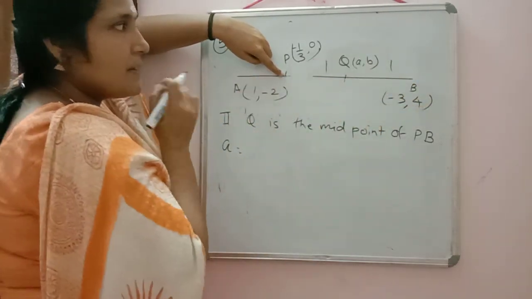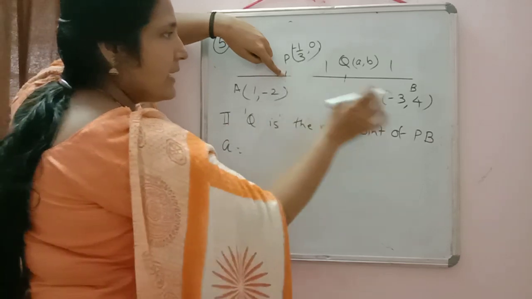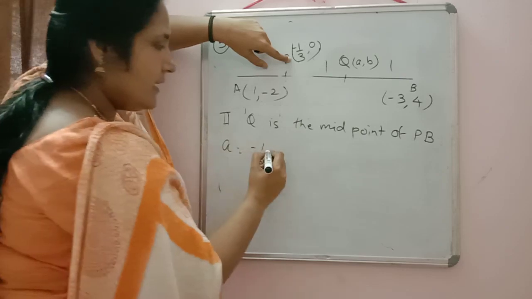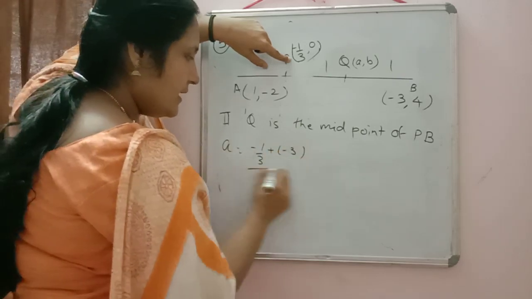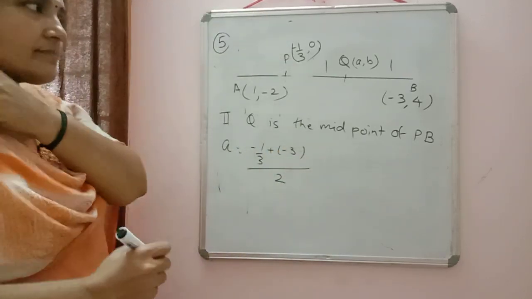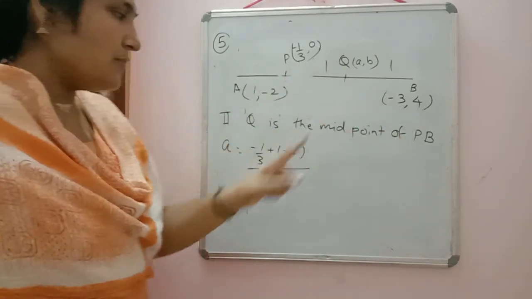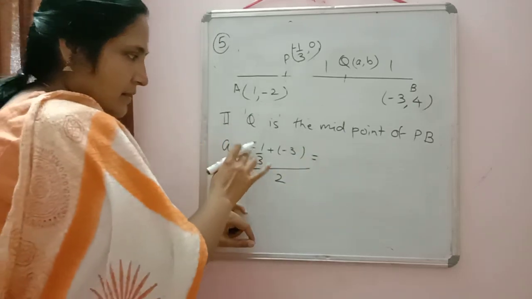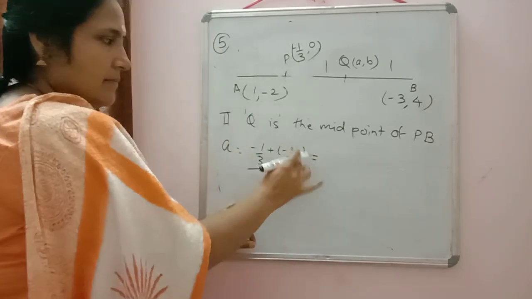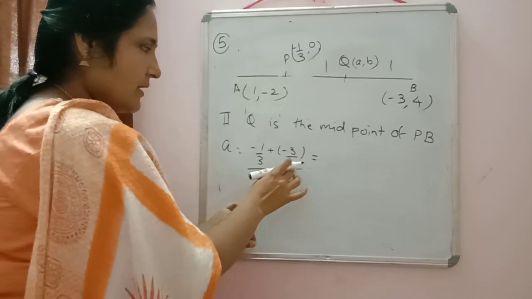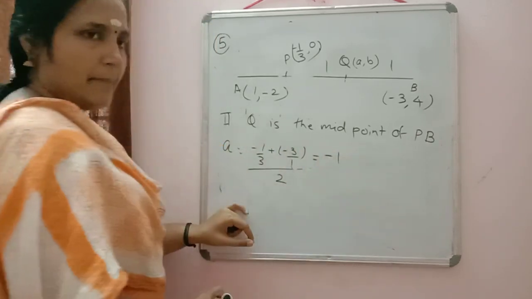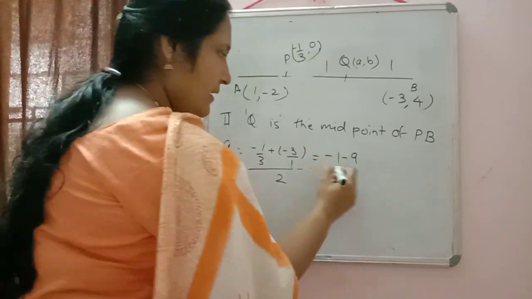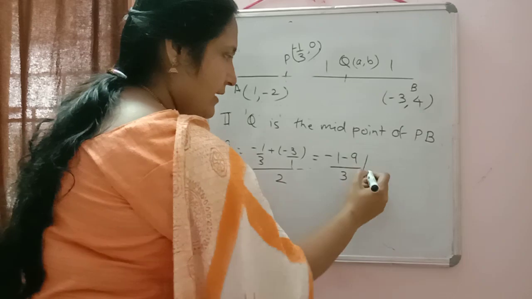So, using that concept, the corresponding x coordinate will be equal to minus 1 by 3 plus minus 3, divided by 2. That is x1 plus x2 divided by 2. Now, we will simplify it. We will take the cross multiplication here. So it will be equal to 1 into minus 1, minus 1. 3 into minus 3 will be equal to minus 9, by 3, divided by 2.